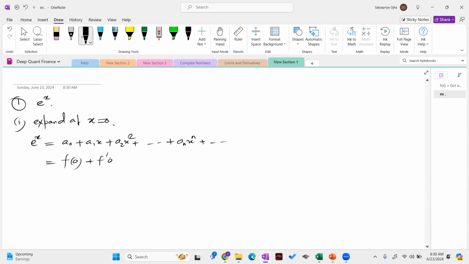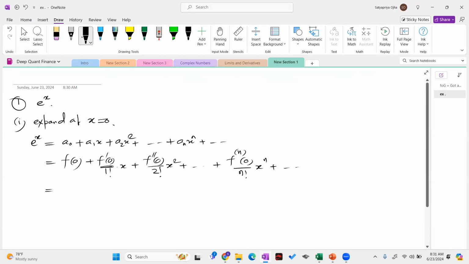A1 is f dash 0 by 1 factorial times x. A2 is f double dash 0 by 2 factorial x squared. Nth term is nth derivative at 0 divided by n factorial x to the power n.